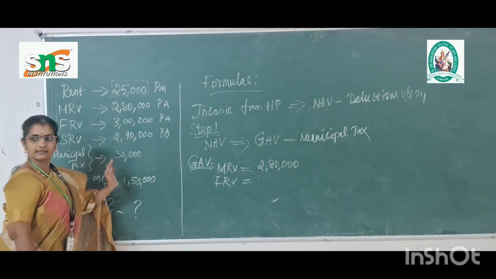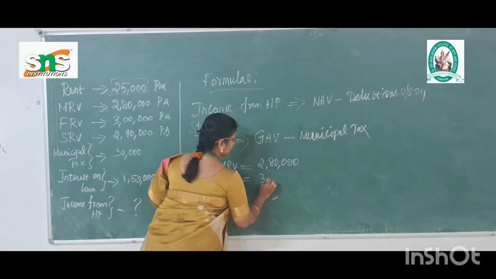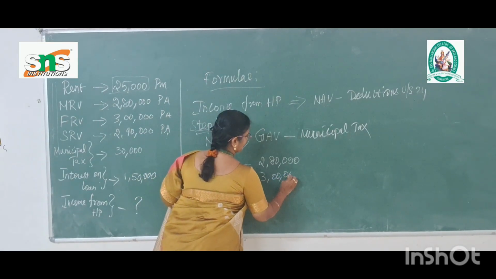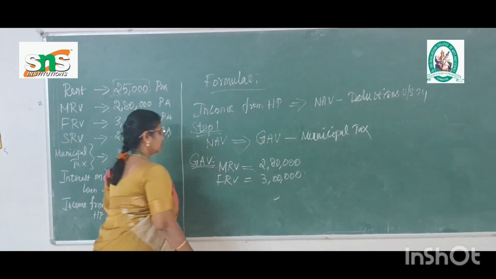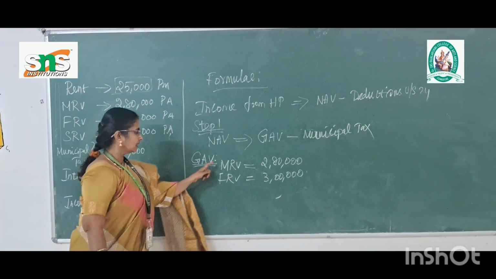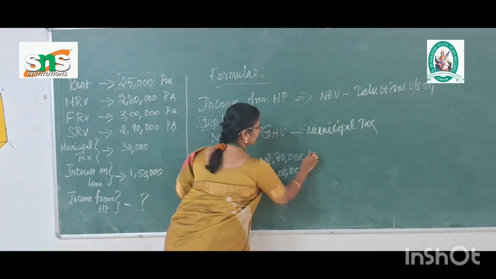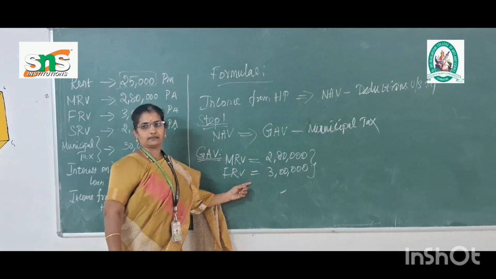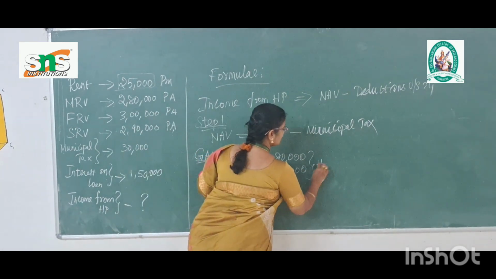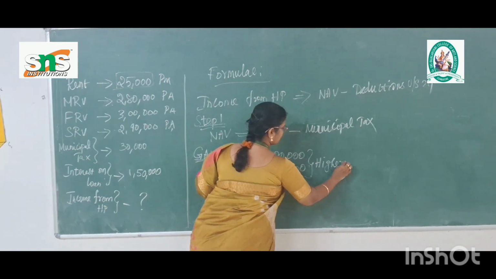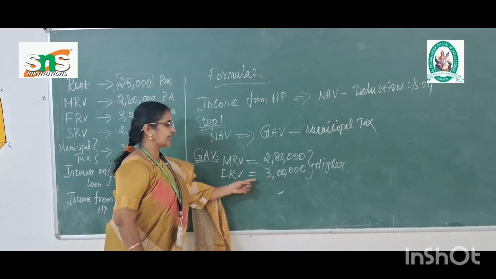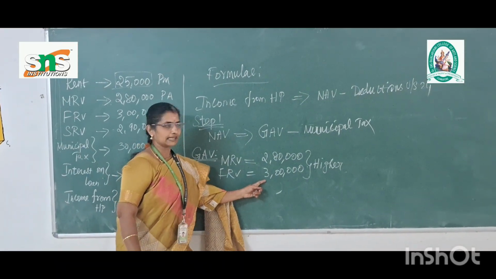The amount is 3 lakh. So now we have to compare MRV with FRV, and take whichever is higher. Under this problem, the FRV is the highest value, that is 3 lakh rupees.